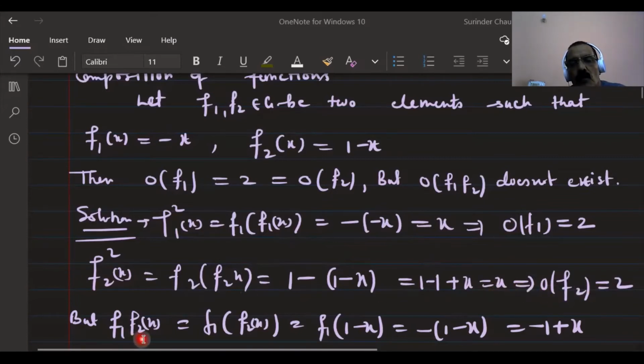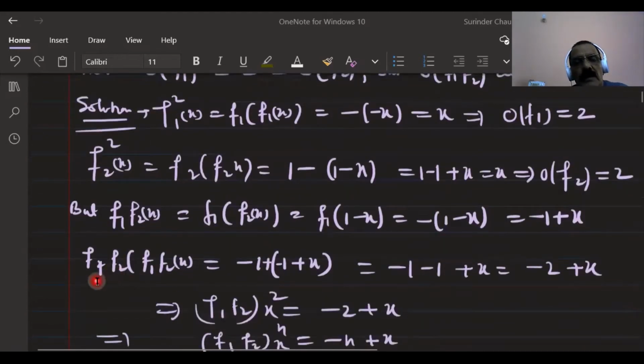But for the order of f1 f2, f1 of f2 of x, where f2 of x is 1 minus x, is minus of 1 minus x, which is minus 1 plus x. Then again, f1 f2 applied twice on x gives minus 2 plus x.